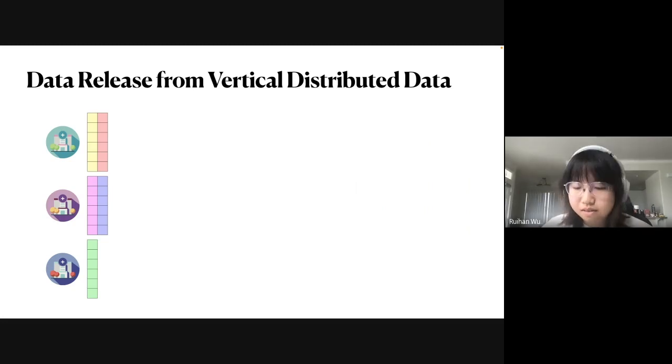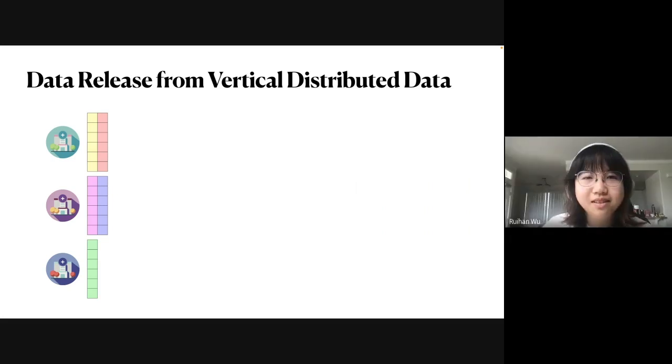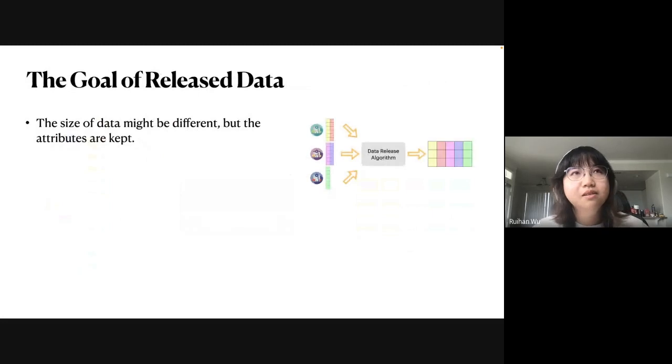Yes. In this paper, we assume data has this property, and I know that some recent work is studying how to privately find such intersections and so on. All right, thank you. Yes, thanks for the question. Okay, we can continue.